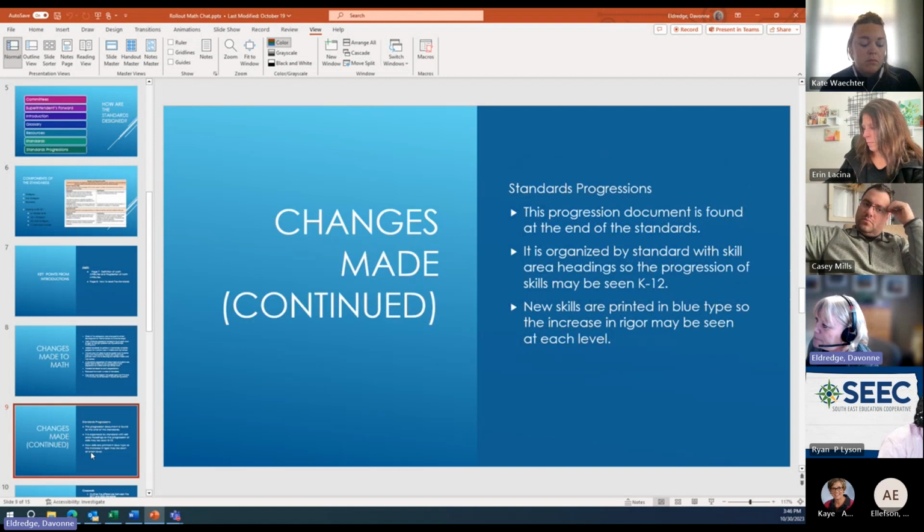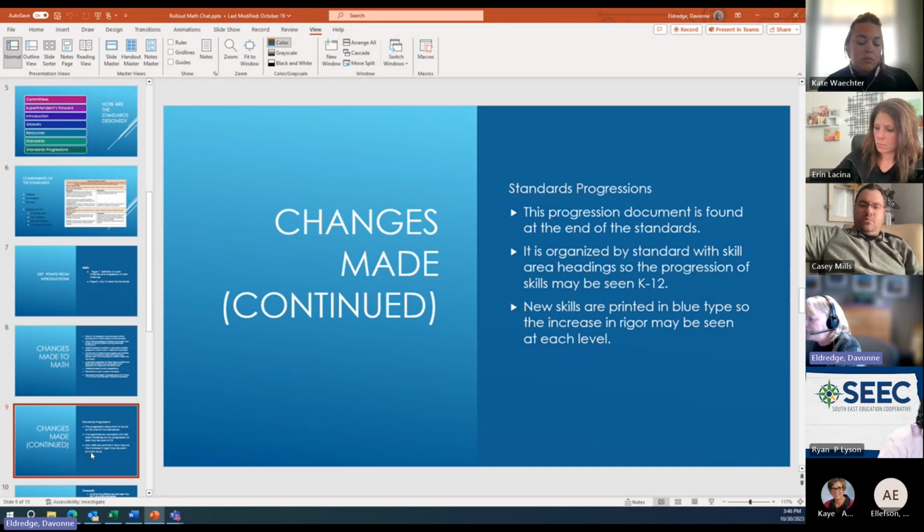The other changes that we made, we included the standards progressions. This is found at the end of the standard document. It's organized by standard with skill area headings so that the progression of the skills may be seen K through 12. Now you may see that some of the standards are represented in more than one skill area.